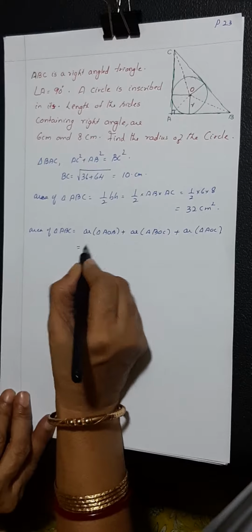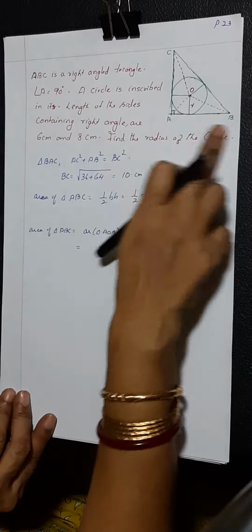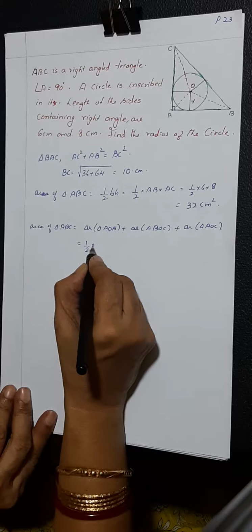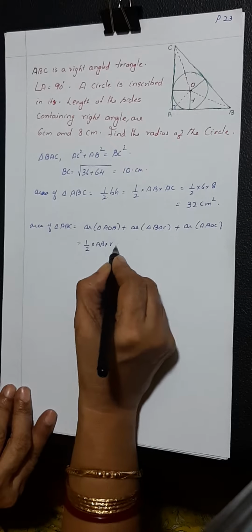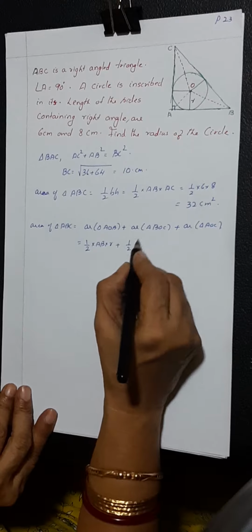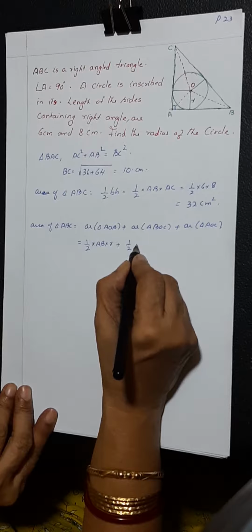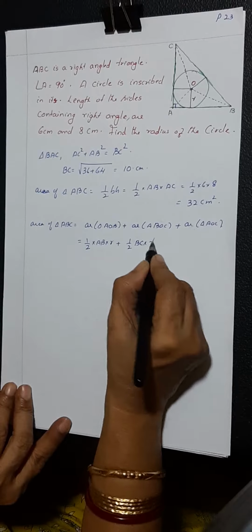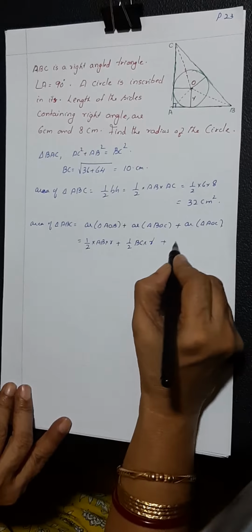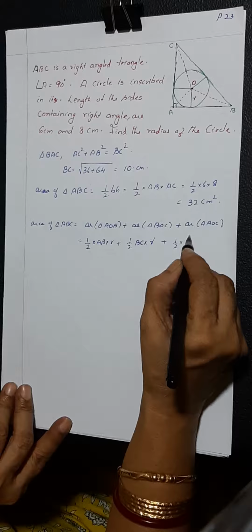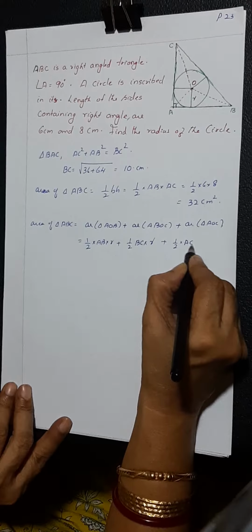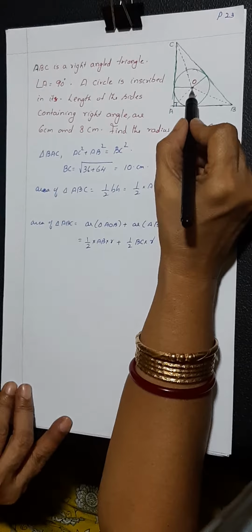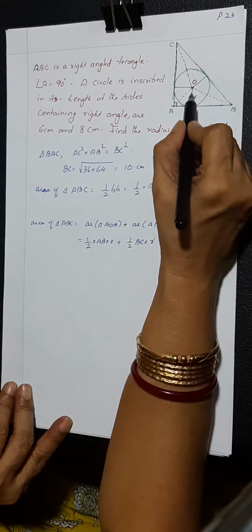So this is equal to, now AOB, half into AB into R, plus half into BC into R plus half into AC into R. Now, we have taken this as base and this is altitude.